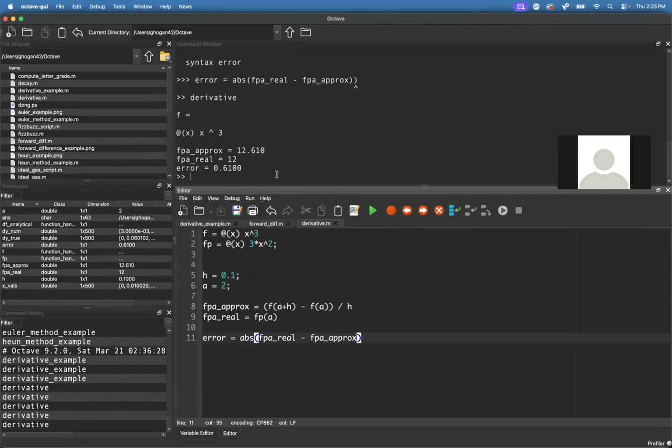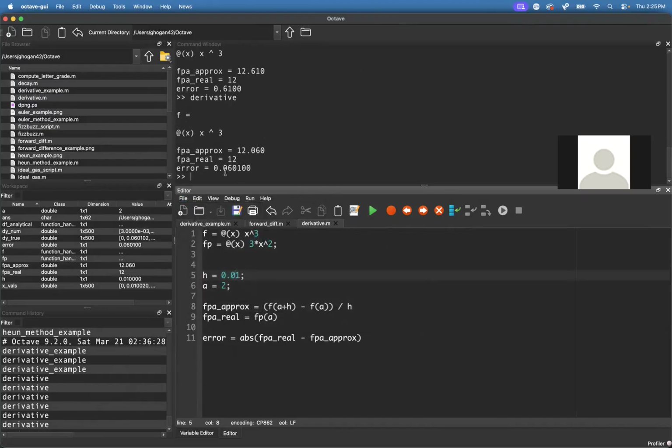All right. So of course it just says what we know. If the real thing's 12 and the approximation is 12.6, then our error is about 0.6. But if I change this h value to 0.1 and we save it, now it's 0.06. So good.